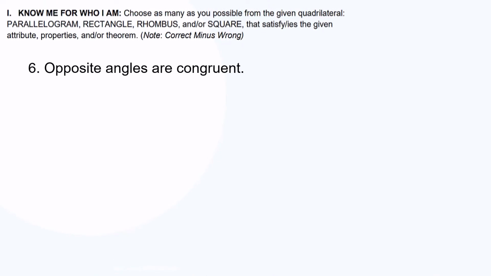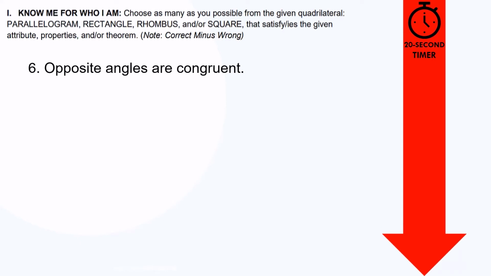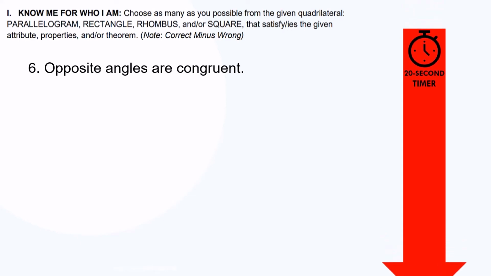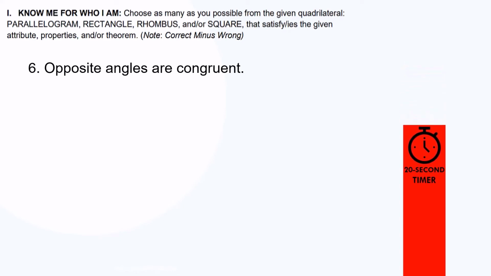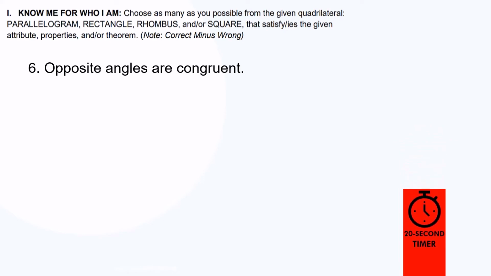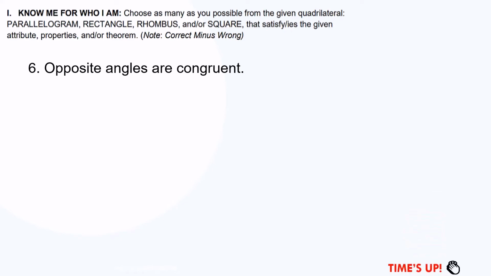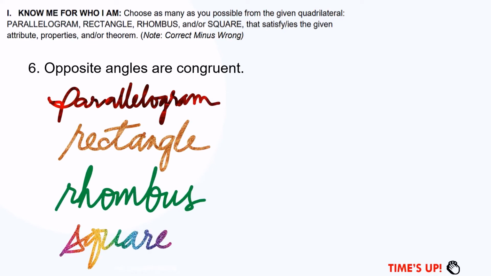Number 6. Opposite angles are congruent. Your timer starts now. Correct answer, parallelogram, rectangle, rhombus, and square.